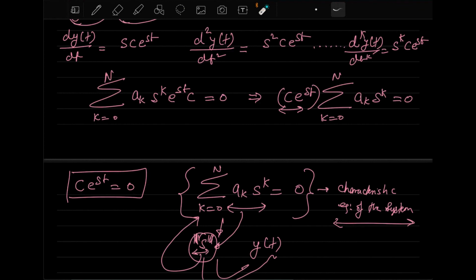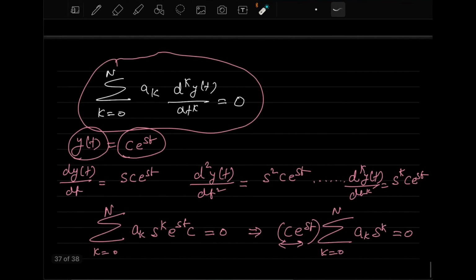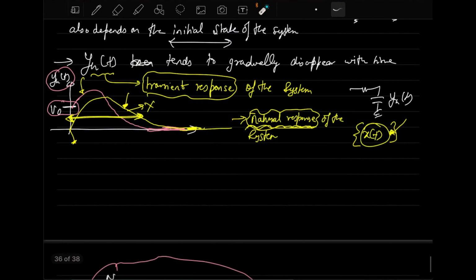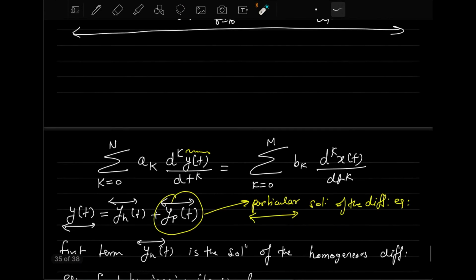Sir, how do we assume the solution is C into e raised to st? It might be different for different kinds of equations, but if you look at the basic equation, let me show you that.